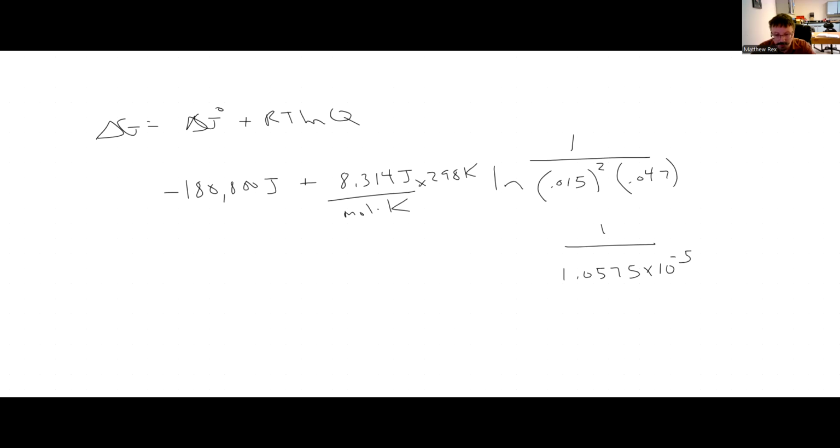We take the natural log of that, 57, and multiply that by 8.314 times 298.